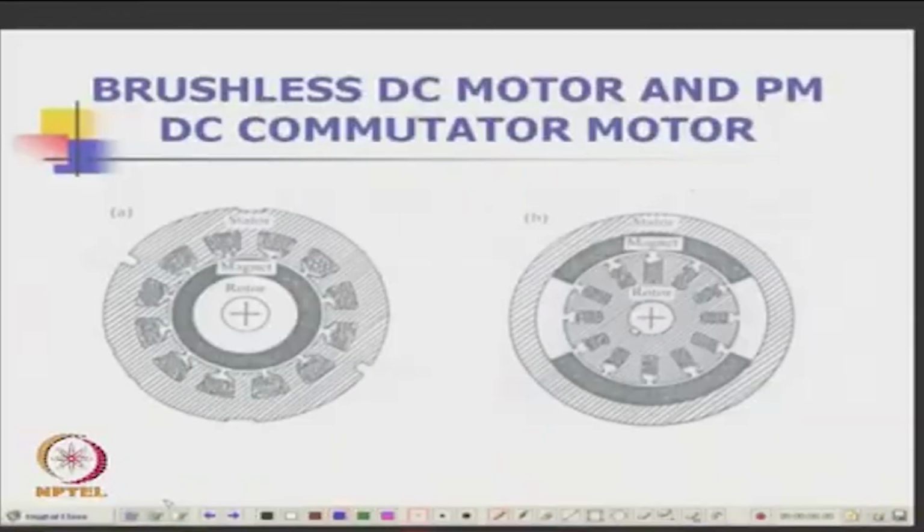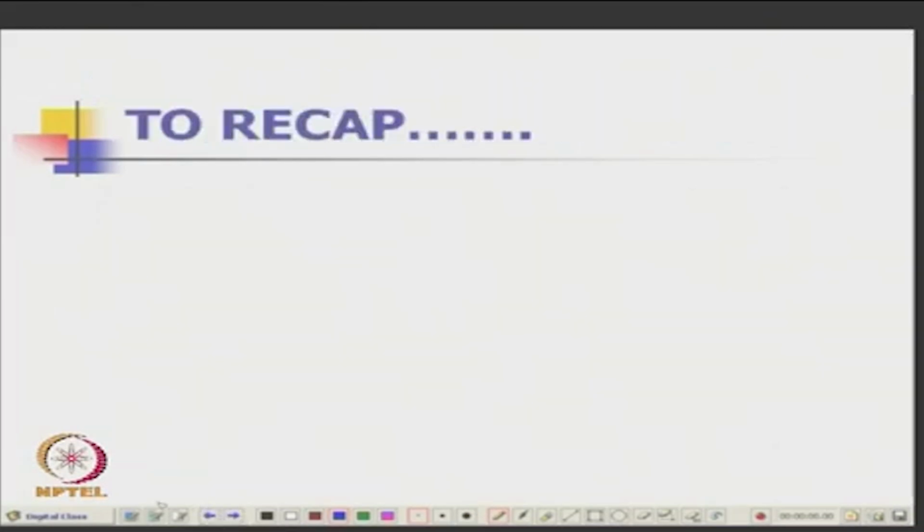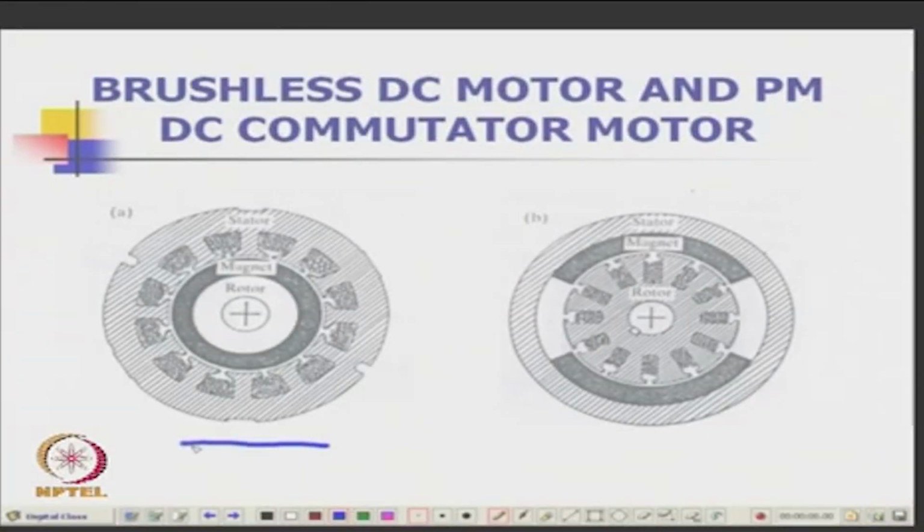Okay. Now, today we will look at what we did in the last class, from there we take it out. So, what recap we had: a magnet in the rotor of one type, this is brushless, this is commutator type.